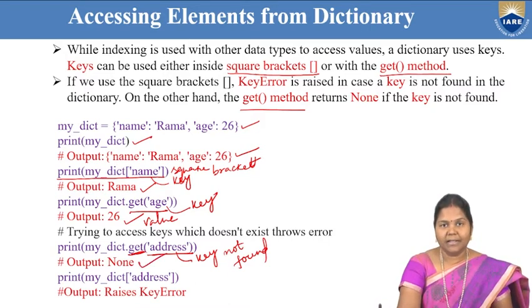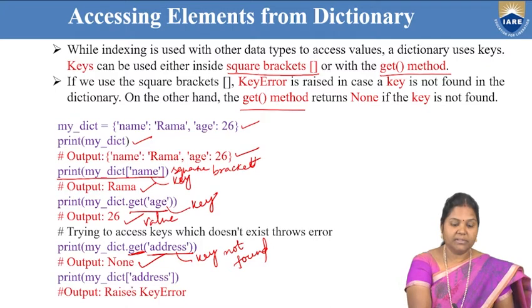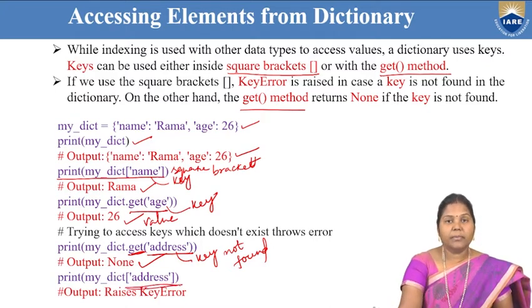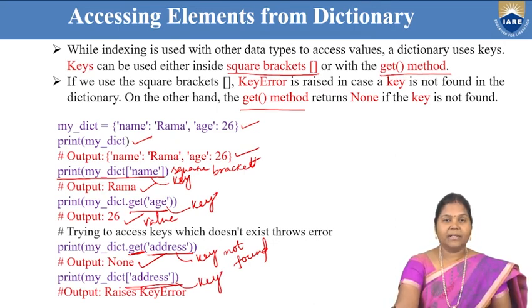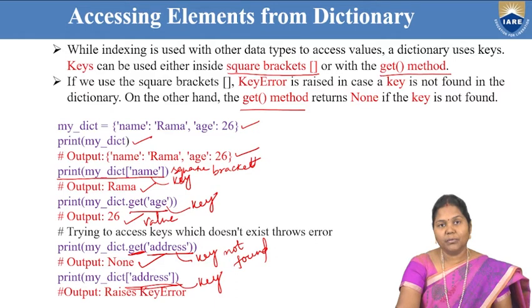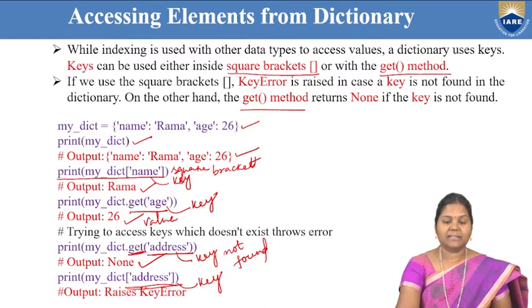But if you are using square brackets and giving the key, then it will raise an error called KeyError because that particular key is not found. So you need to understand the difference between the get method and the square brackets used for accessing an element from the dictionary.